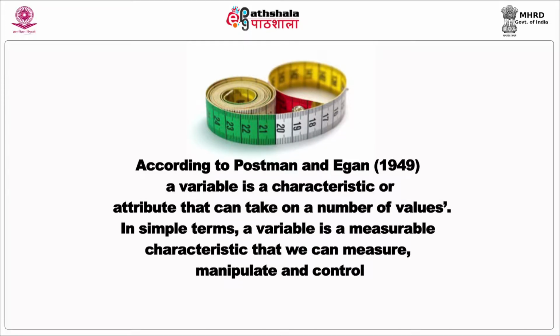According to Postman and Egan, a variable is a characteristic or attribute that can take on a number of values. In simple terms, a variable is a measurable characteristic that we can measure, manipulate, and control.